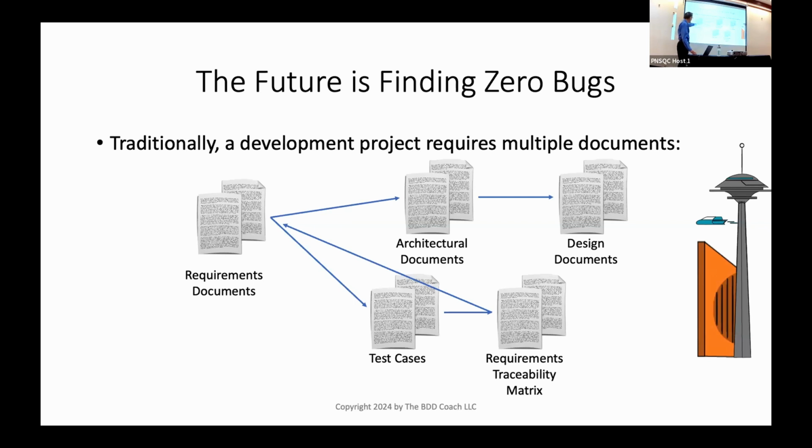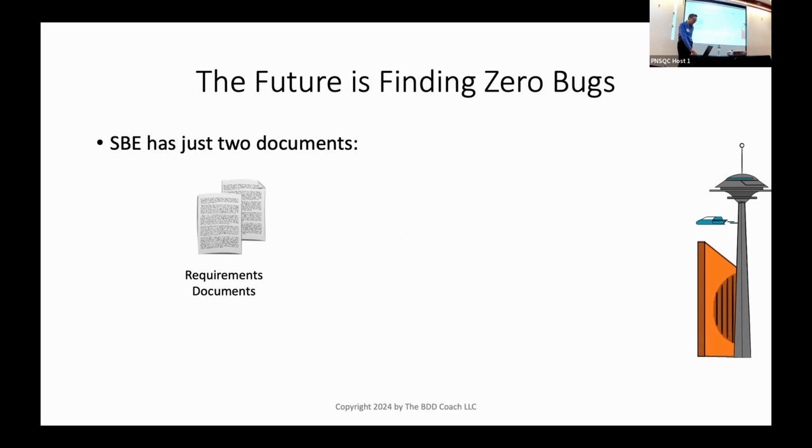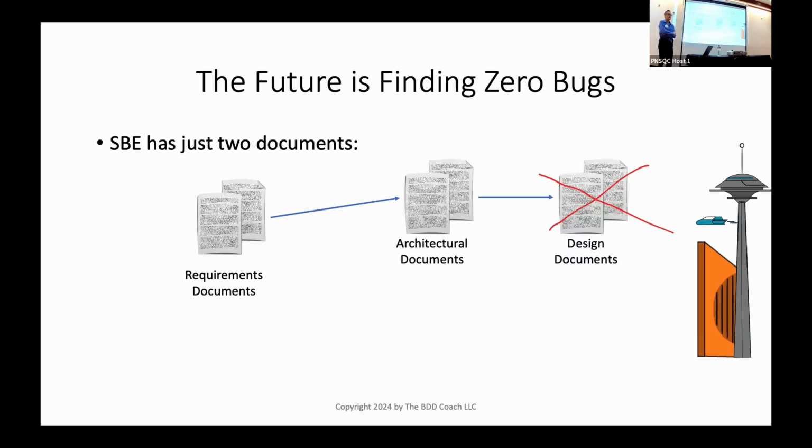And the test cases, the product owner's never going to review the test cases. So there's an opportunity for the QA team to have a third viewpoint on what it is we're building and testing. The product owner is not going to know about it. Specification by example has just 2 documents. You've got the requirements documents and you've got the architectural documents. You don't need detailed design documents with additional corner cases and boundary conditions.